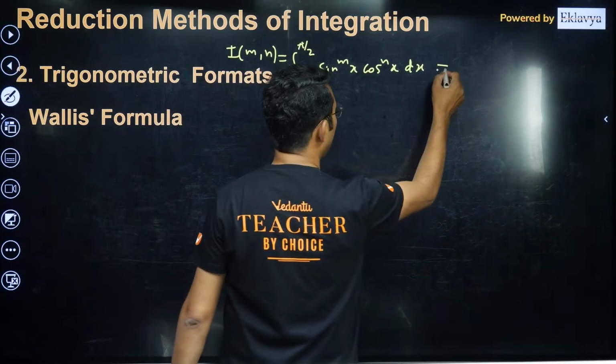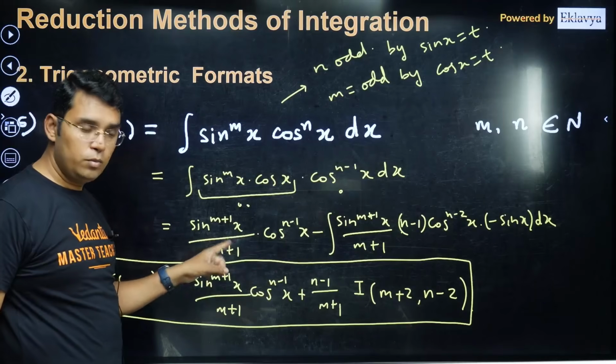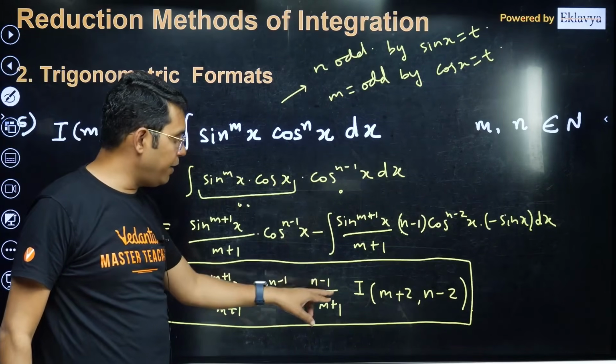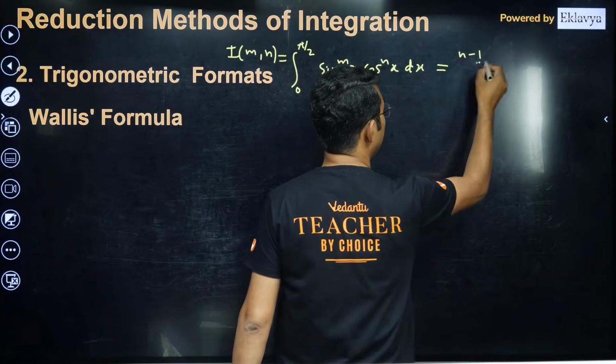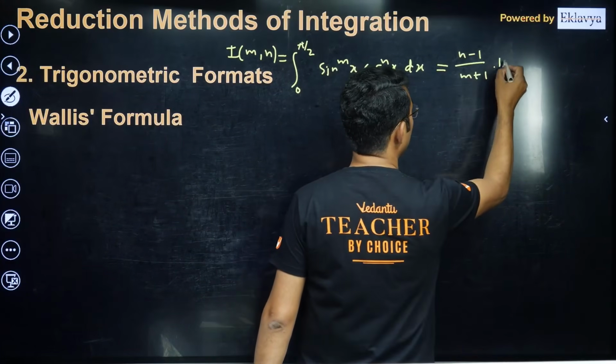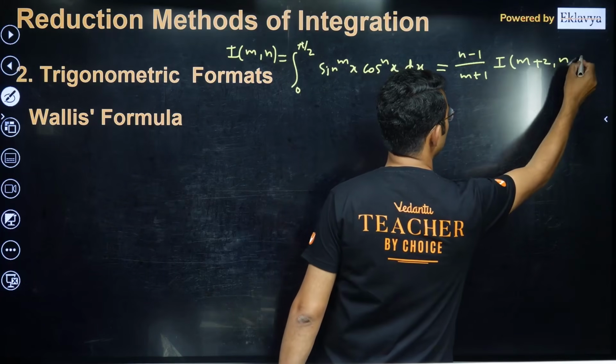Now if I put 0 to pi by 2, you can see this will again be 0. So here we will be having n minus 1 in the numerator, m plus 1 in the denominator, I m plus 2 comma n minus 2.